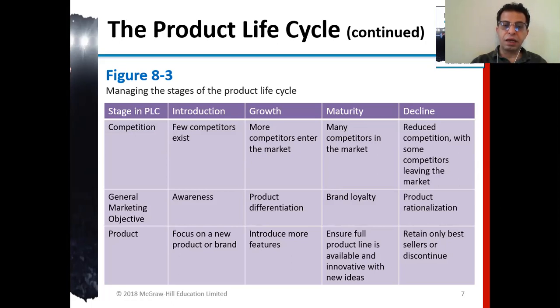In that stage, the other thing that we need to look at is the product itself. So we have the competition, we have the general marketing objective, and we have the product. At the introduction, we focus on a new product or the brand.